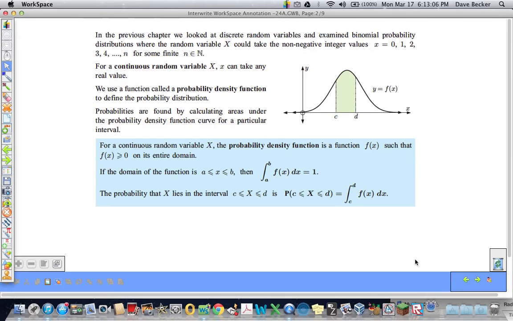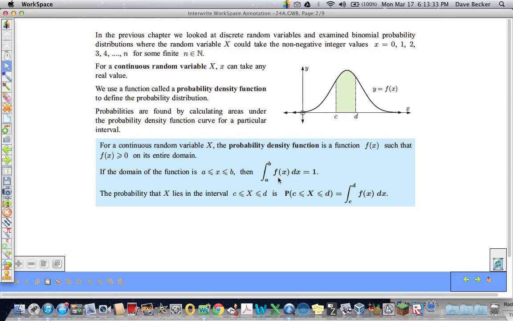Okay, so we have the aid of what is called the probability density function, and we'll see that in just a second. And since the sum of all the probabilities of a particular event is equal to 1, we can say that the area under the probability density function is equal to 1. A little bit of calculus there.